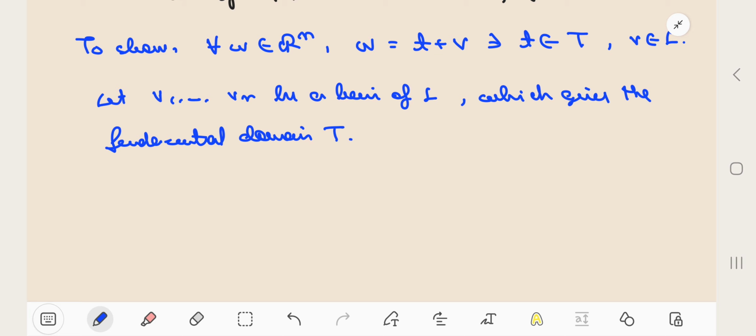So that is also an observation which you can account for on your own. So we choose a basis such that the fundamental domain is our required T. Okay.